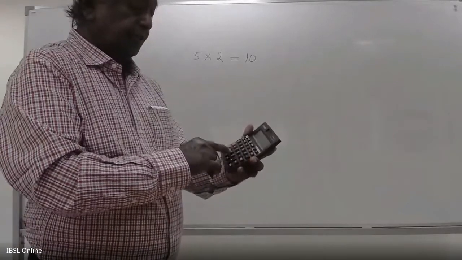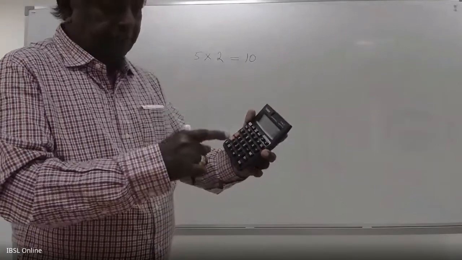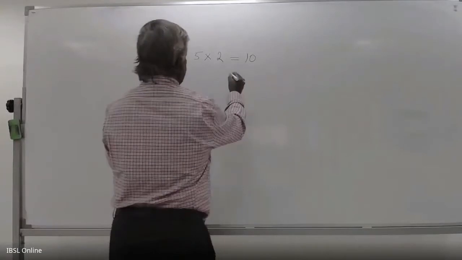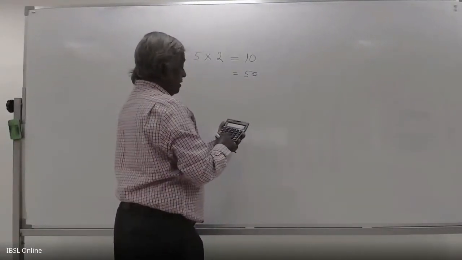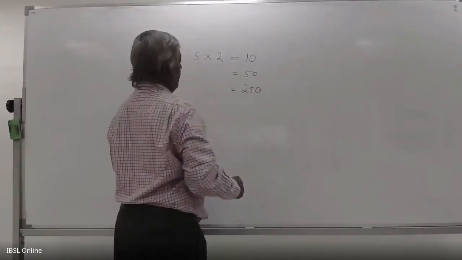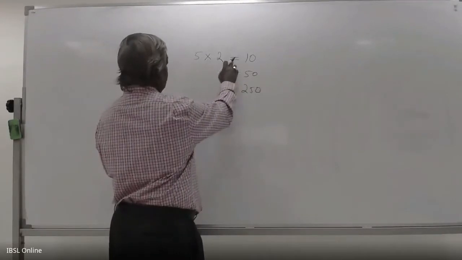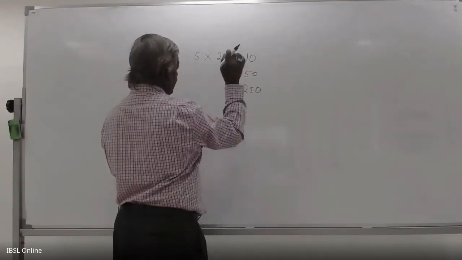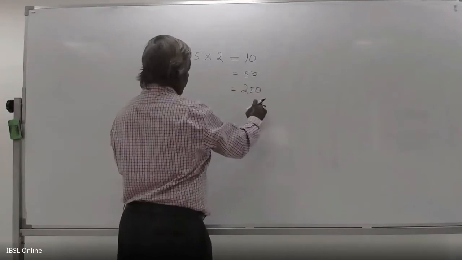Then you just press the equal sign, you get 50. Again press the equal sign, you get 250. What is happening? When you put 5 into 2, equal sign, you get 10. Without putting anything, you are just pressing the equal sign, you get 50, again 250.